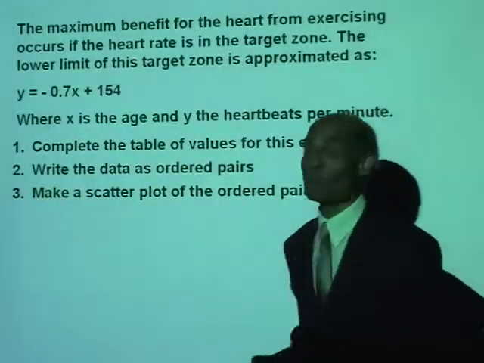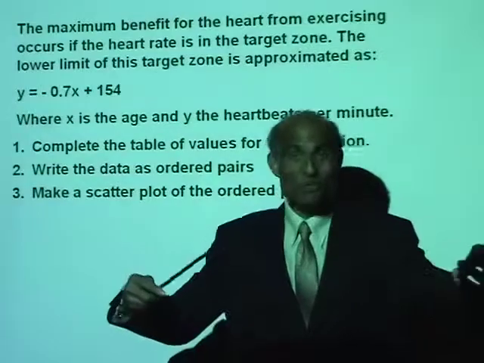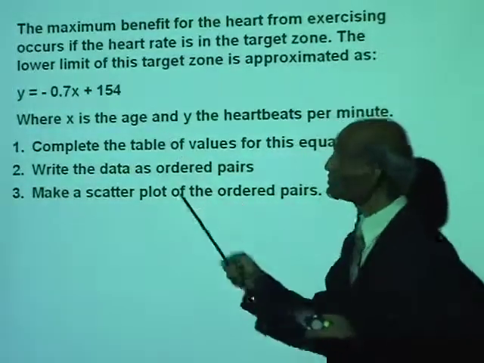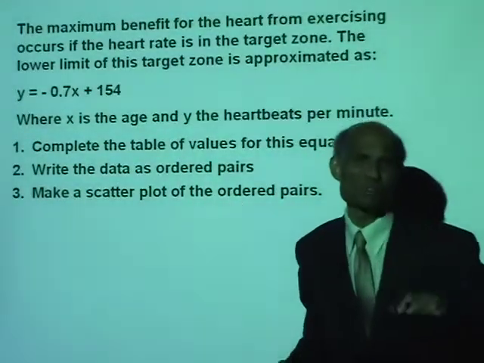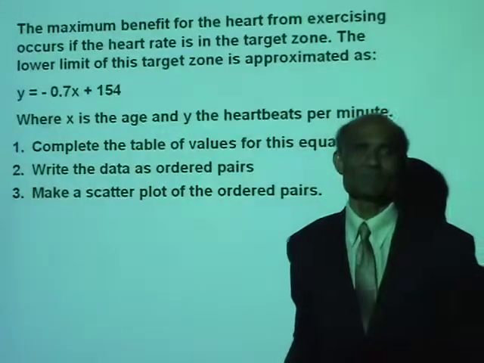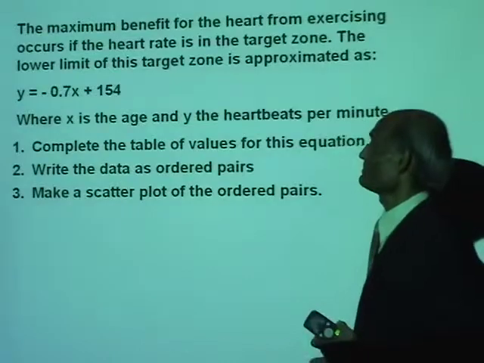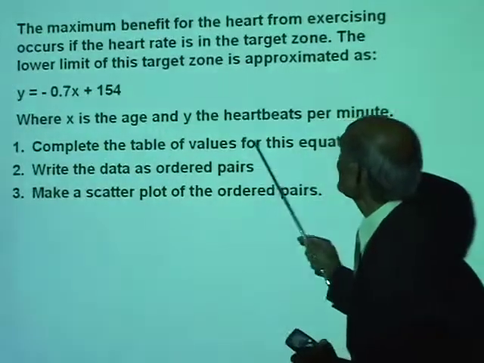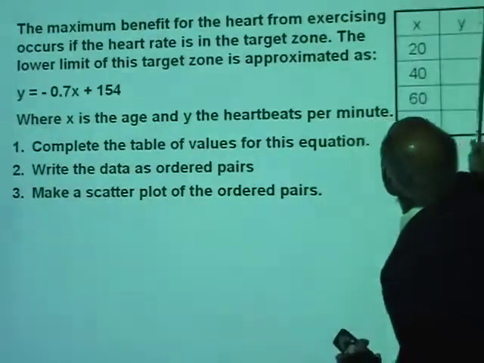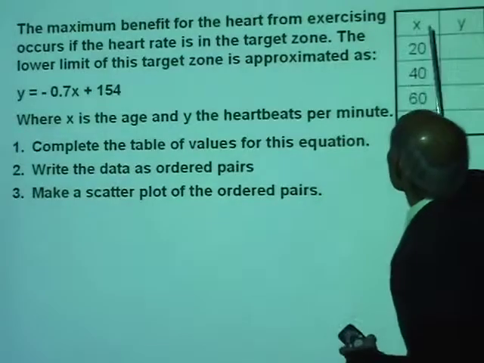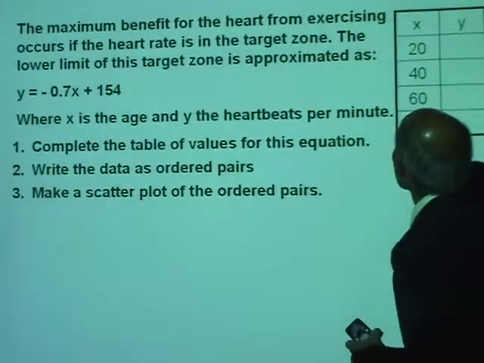You see how mathematical equations are used in ordinary life. Doctors use these. Well, no, not quite. Doctors don't use it, but people who do research will use it. So complete the table of values. Here are the table of values. I've given you 4 values of x.